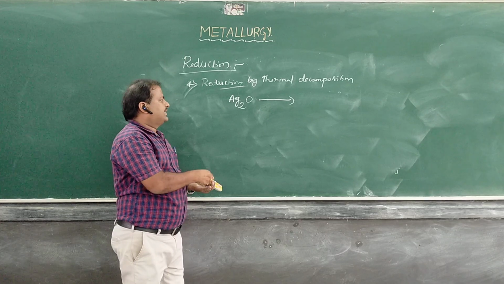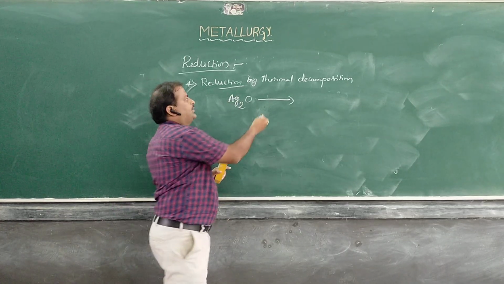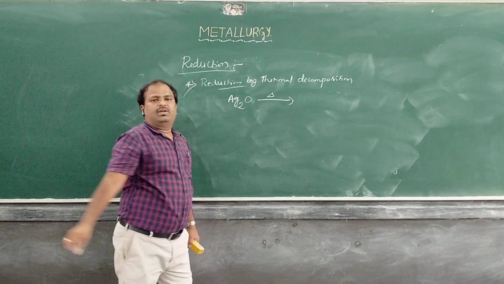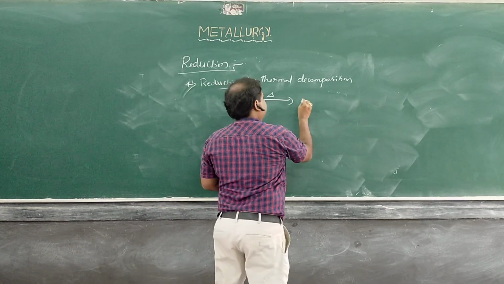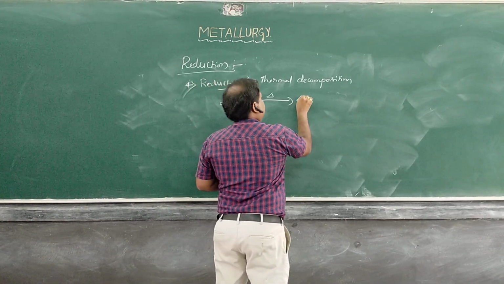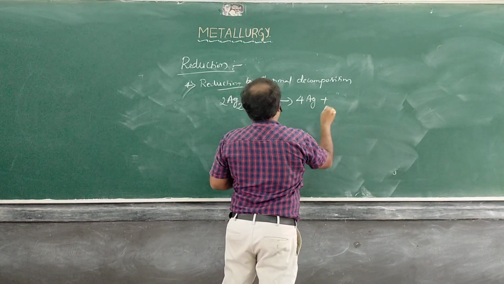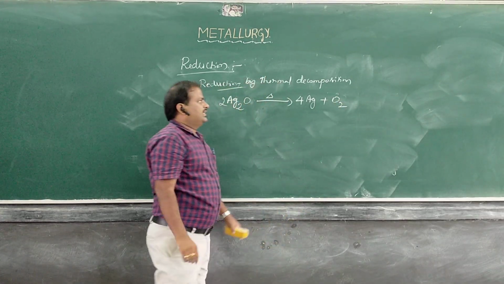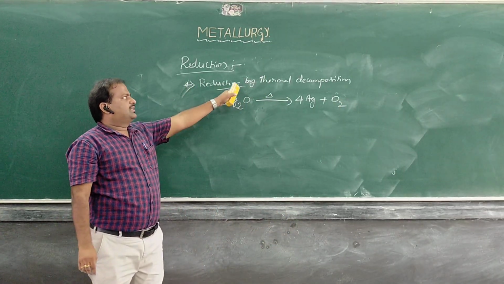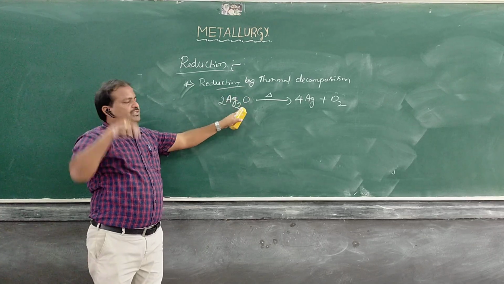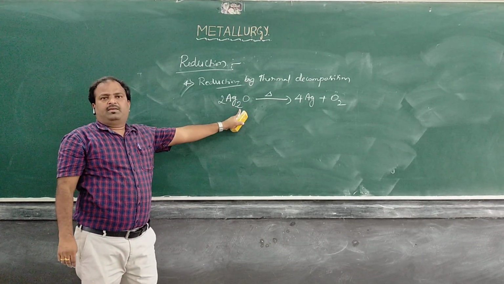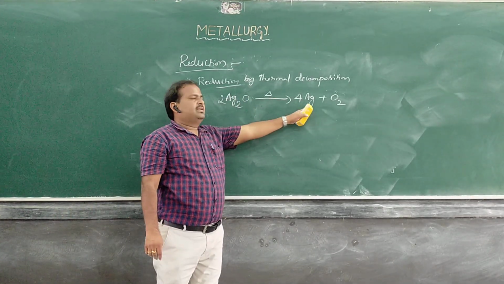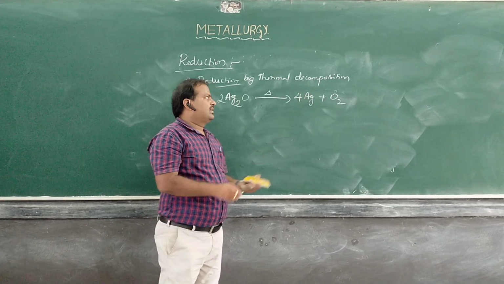Here silver oxide is heated to high temperature and gives silver and oxygen. This is reduction by thermal decomposition.